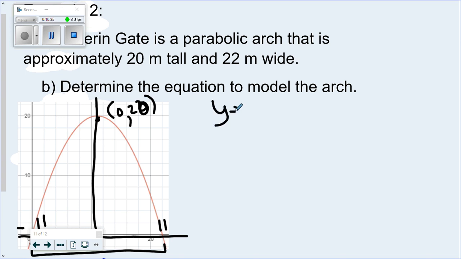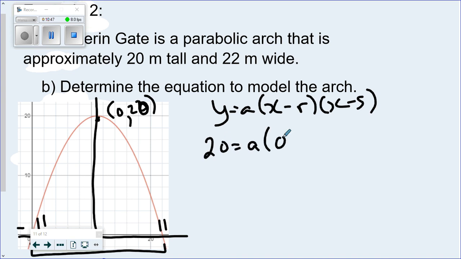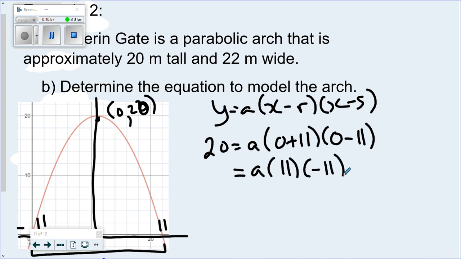So now we're back to just a stereotypical problem. We know our vertex is here. That was neat.